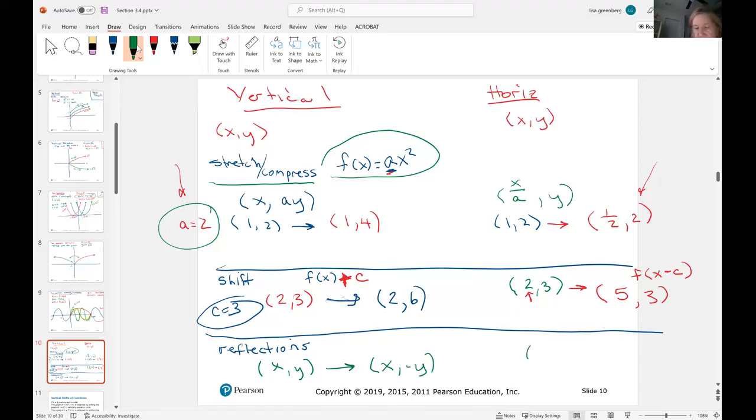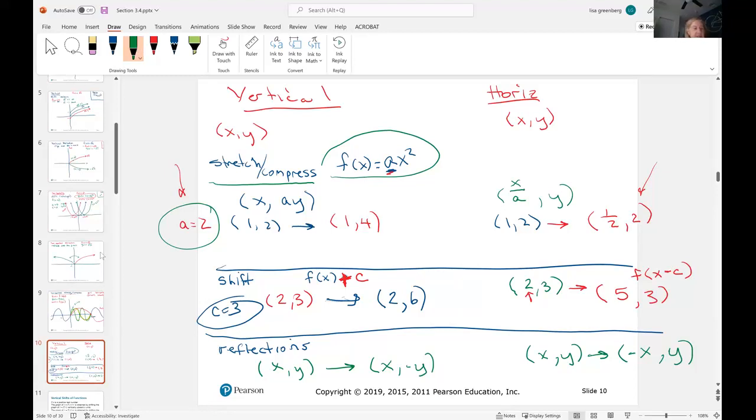And the same horizontally, if I start with x y, y is going to stay the same because now I'm talking about horizontal, and x is going to be negative. And that's kind of the best way to think about it.